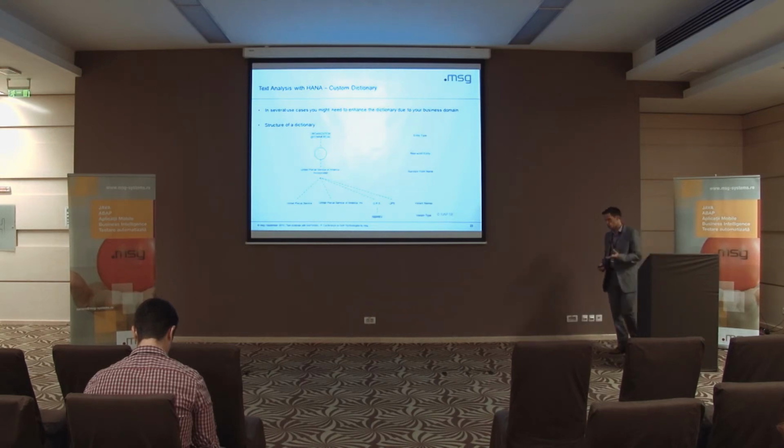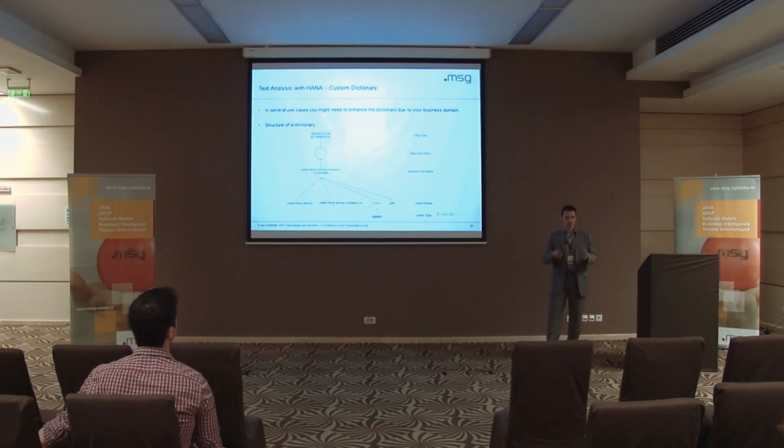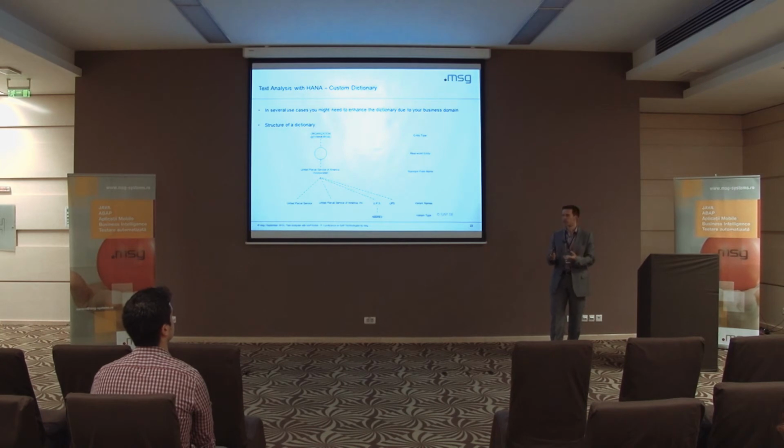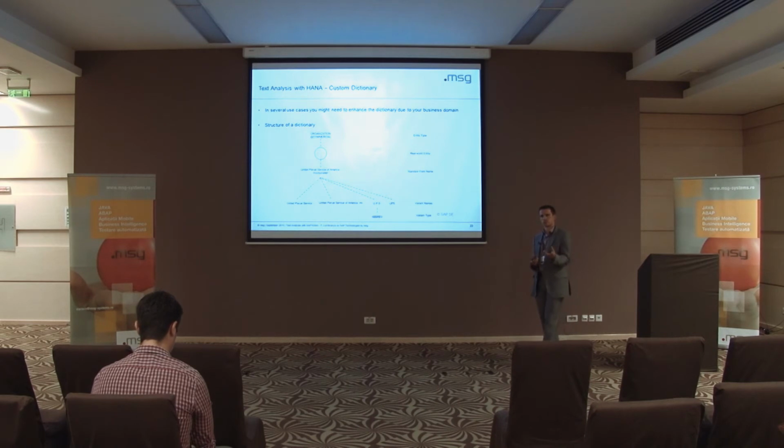So first, the first option is just to create a custom dictionary. Dictionary is really that what you think it is. It's listing the entities that you want to extract and somehow classifying them. The structure of a dictionary is as shown here. So you have a real-world entity. Let's take this United Parcel Service, which is a real-world entity. It's a company. And you assign that to a specific entity type.